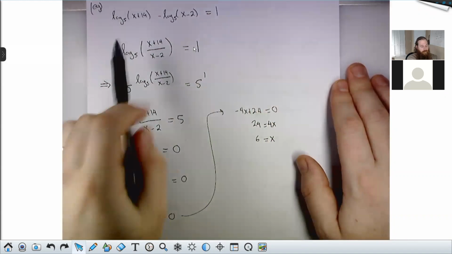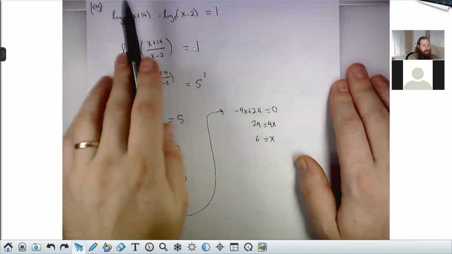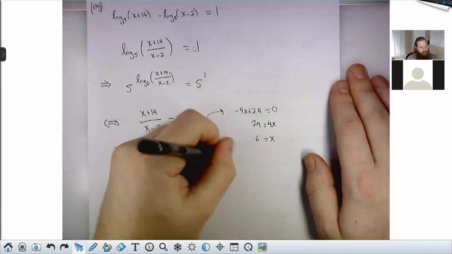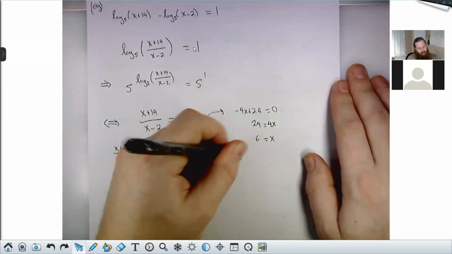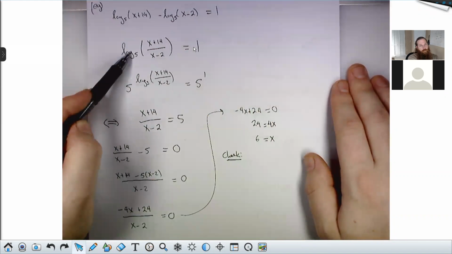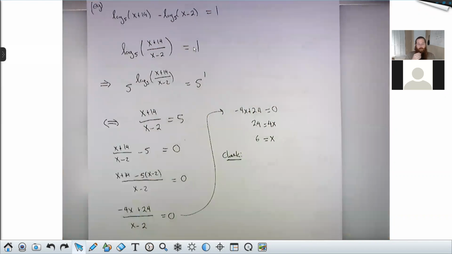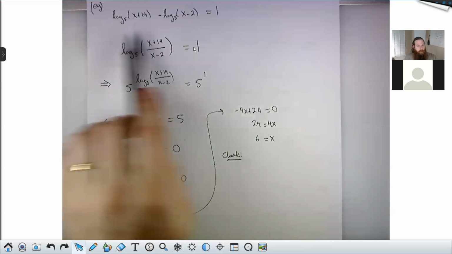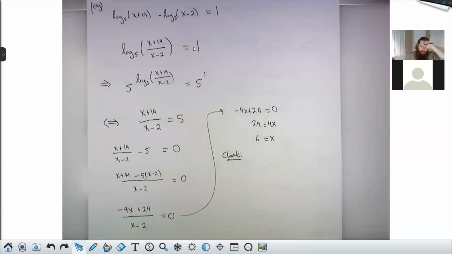And you should check that when you plug your answers in here, they make sense. Because sometimes these rules that combine logs or split logs, sometimes they change the domain. Which means sometimes the final answer you get here, maybe you get 2 or 3 answers, some of those might make the original expression undefined.